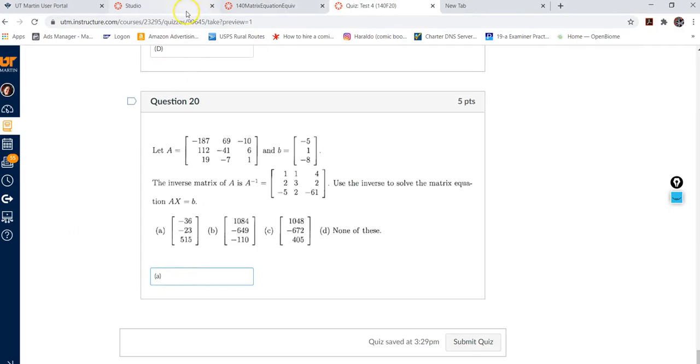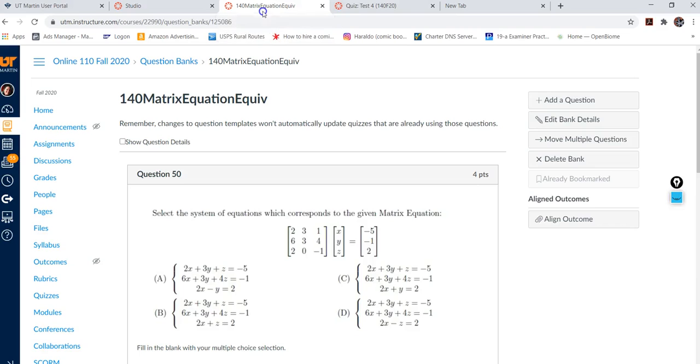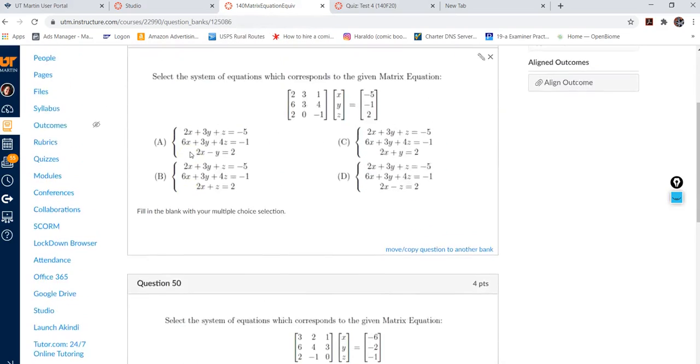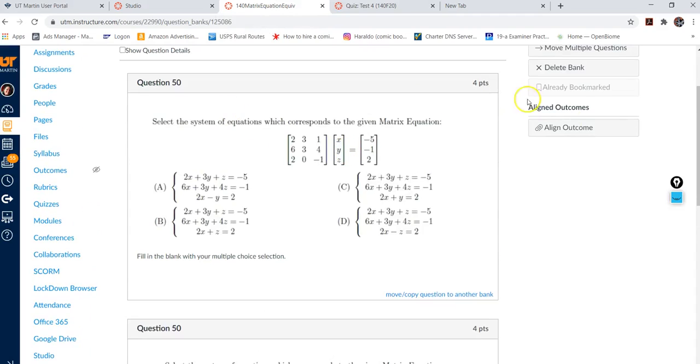Okay, now that's it for Math 140. For you Math 110, your question 20 was like this one.